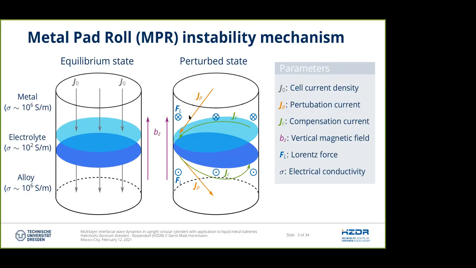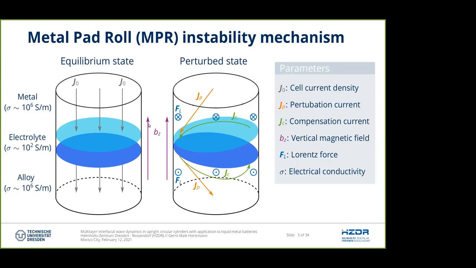So here in the 3-layer setups, you see that the Lorentz forces in the upper and lower liquid point in opposite directions. So it is not clear in which direction the interface will start to rotate. I will address this question in a few moments, but it's just to give you a first feeling how the forces are coming about and what is the nature of the metal pad roll instability.